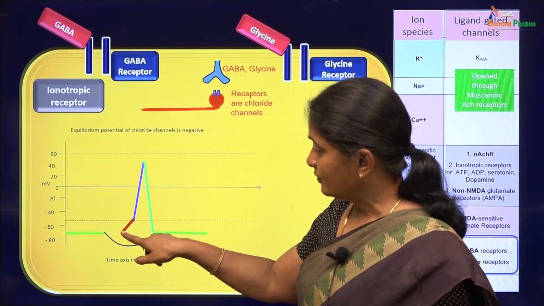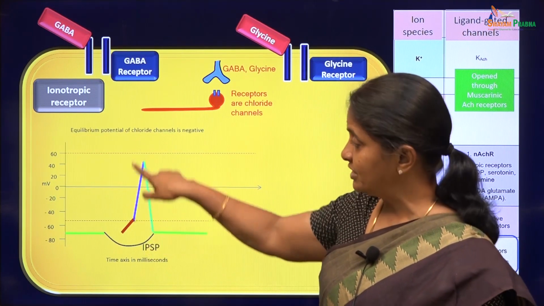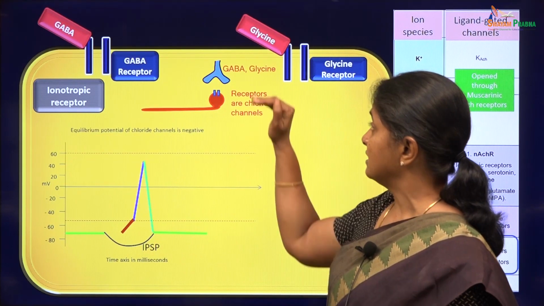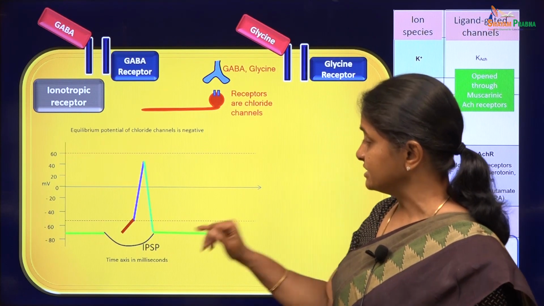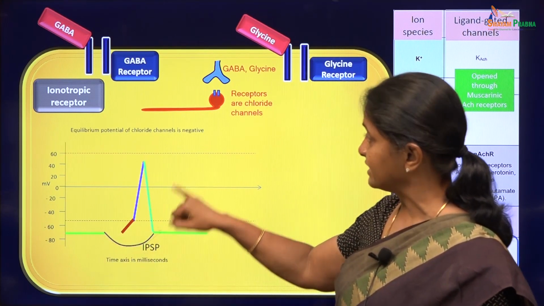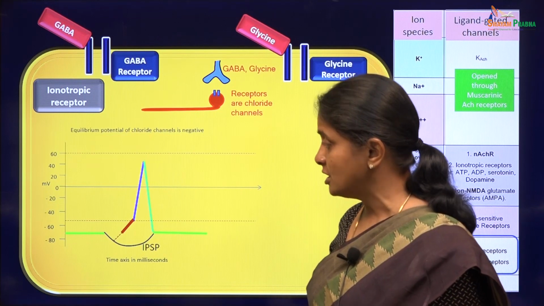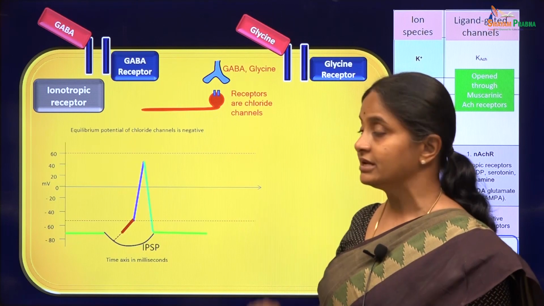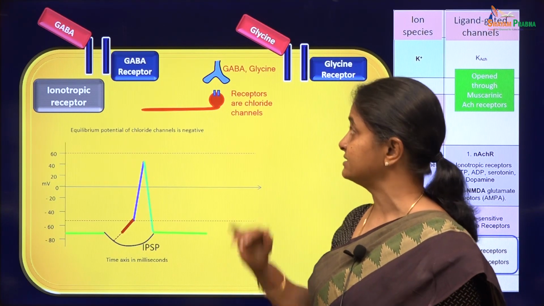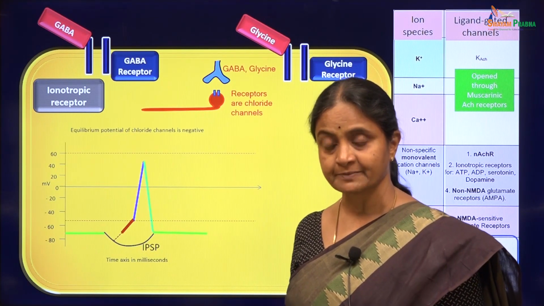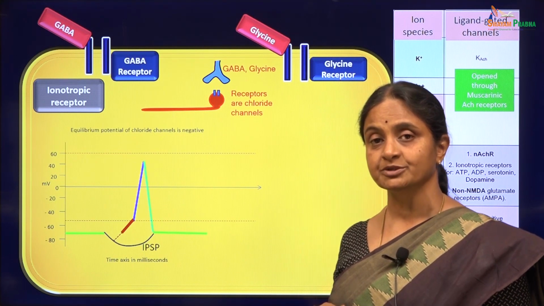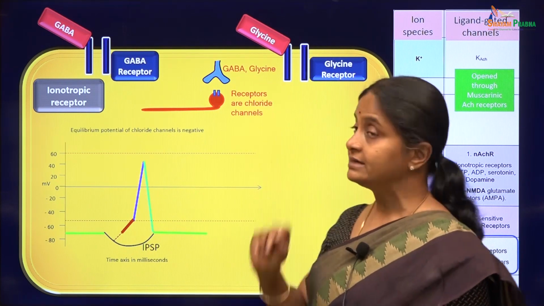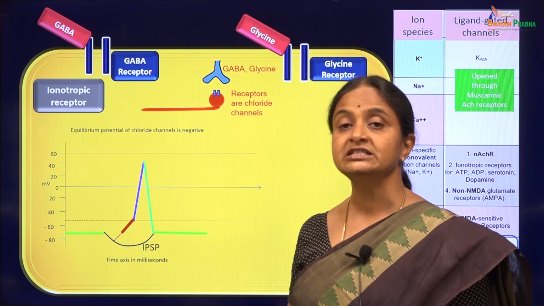Normally, that amount of depolarization would have induced an action potential in the postsynaptic neuron, but since either of these neurotransmitters has induced a hyperpolarization in the postsynaptic neuron, you would need additional depolarization to strike an action potential. In that sense, they are inhibitory neurotransmitters. GABA is the inhibitory neurotransmitter in the brain, gamma-aminobutyric acid, and glycine is the inhibitory neurotransmitter in the spinal cord.